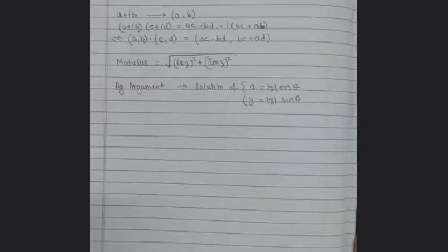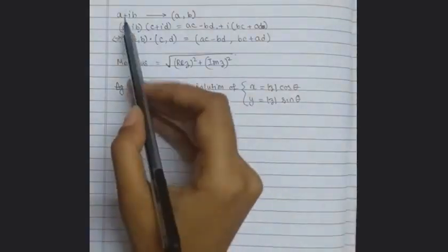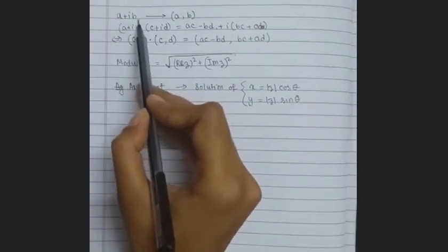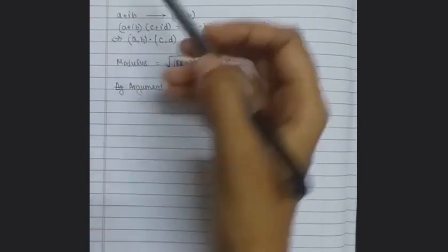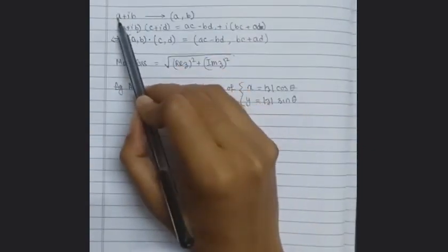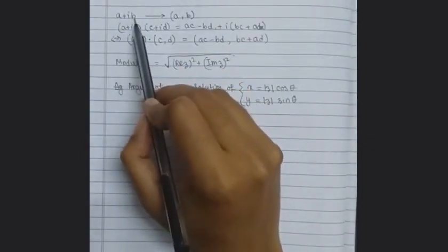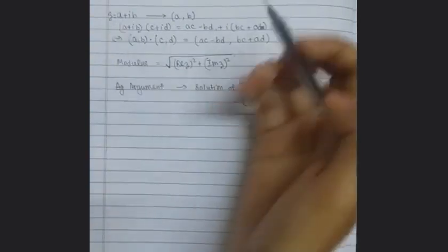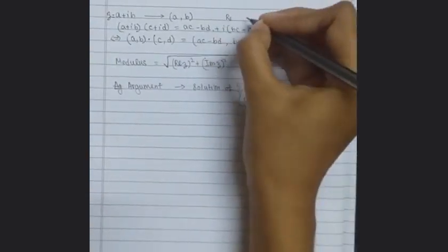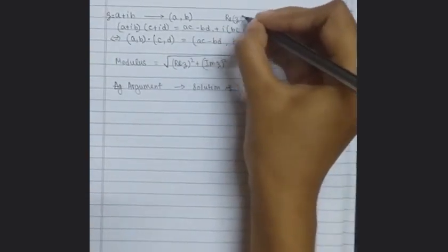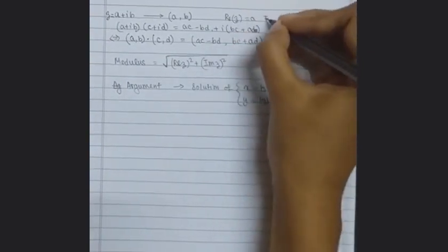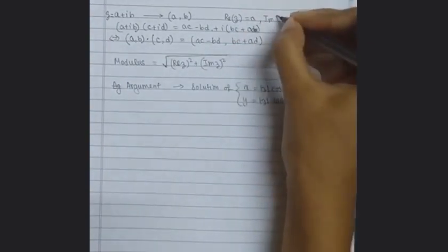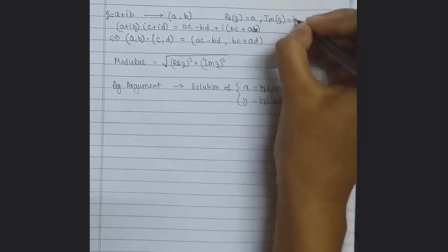We know that complex numbers, we can write in this form: a plus ib, right, where a is called the real part and b is called the imaginary part. So if we represent this number by z, we can say that the real part of z is a and the imaginary part of z would be b.